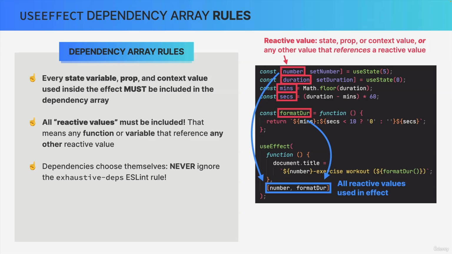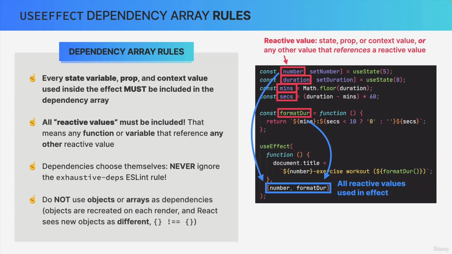Okay, and now the final rule is that you should not use objects or arrays as dependencies, because when you do so, it seems to work just fine, but in reality, the effect will rerun on every single render. The reason for that is that React checks if dependencies have changed between renders by simply comparing them using the triple equality operator.